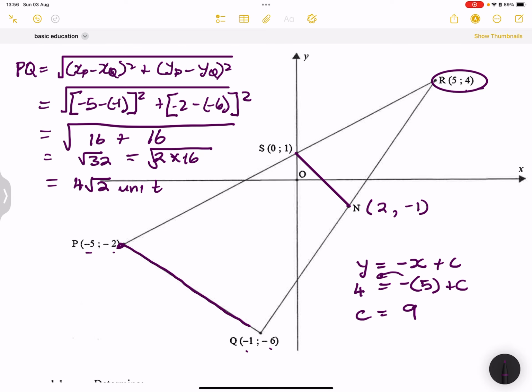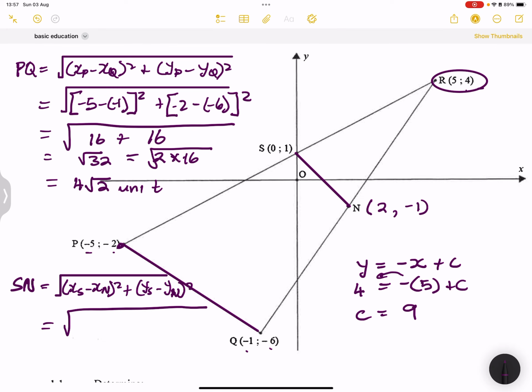Now let's find out what the distance SN will be. So SN, once again, I'm going to use my distance formula. We're going to take the x value of S minus the x value of N squared plus the y value of S minus the y value of N, all squared. So let's substitute.